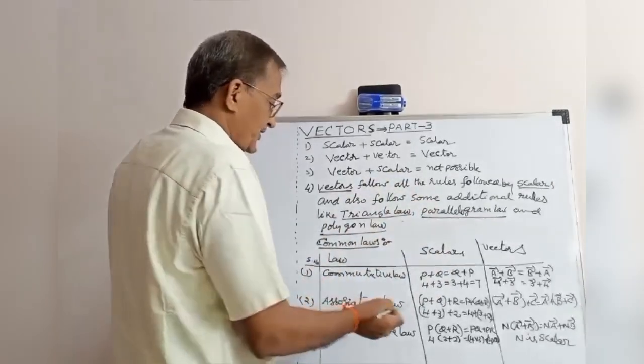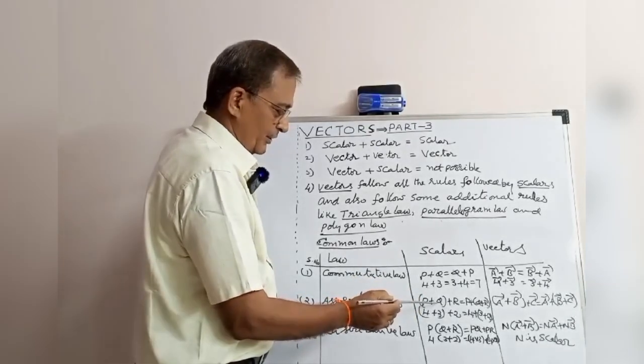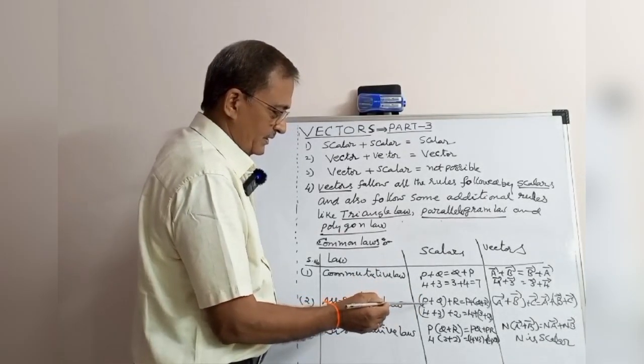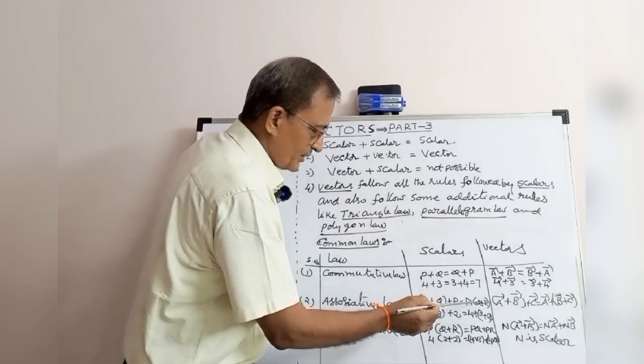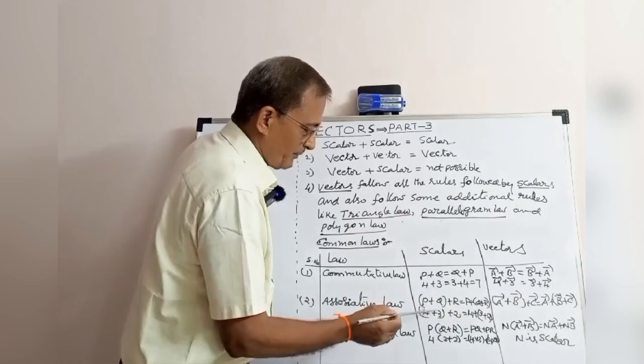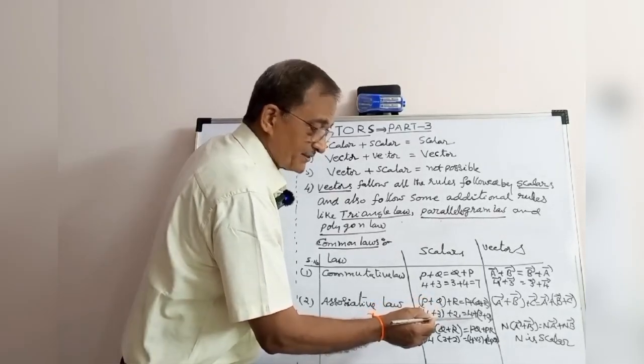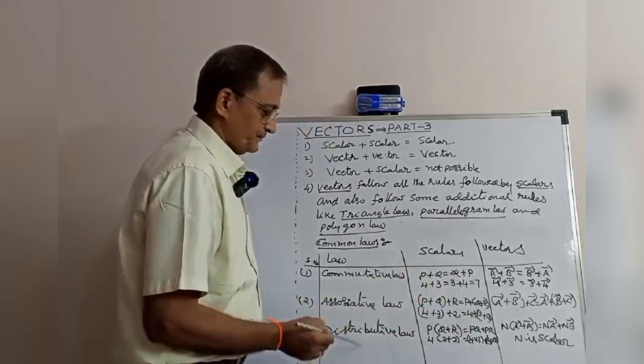Similarly, associative law. P plus Q plus R. Here, Q is associated with P, but here, Q is associated with R, but the result is same. 4 plus 3 plus 2 is same as 4 plus 3 plus 2.